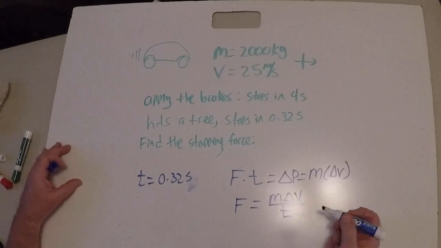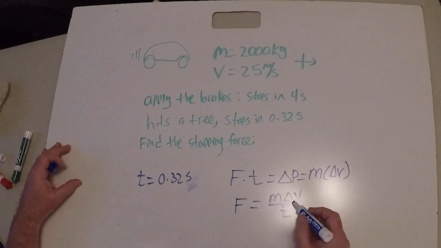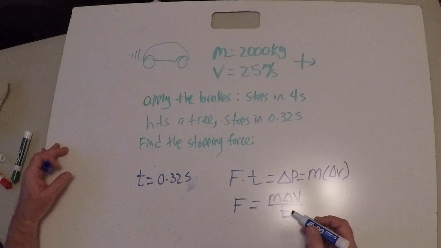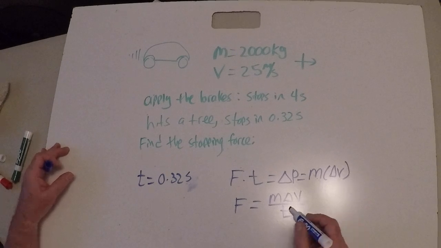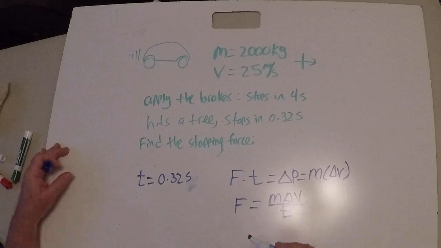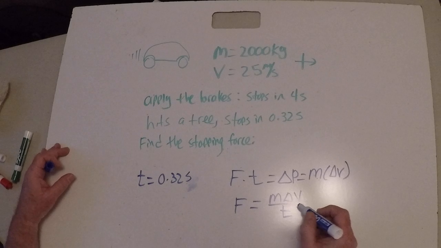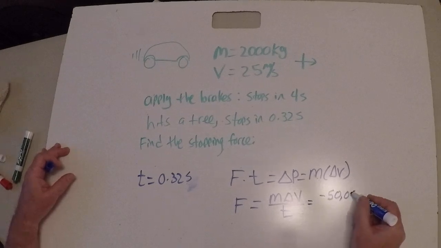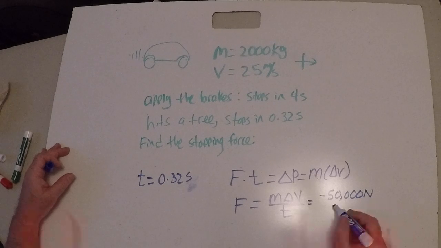The mass times change in velocity is the same as it was last time. It doesn't matter how you stop the car in terms of the fact that you stopped the car. It went from 25 meters per second to 0. It's the same mass. And so this is still going to be equal to negative 50,000 kilogram meters per second.